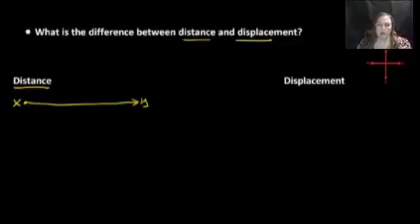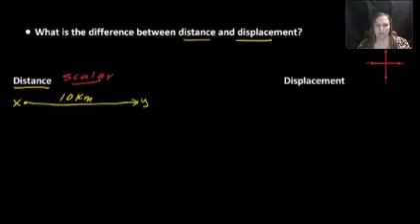If I were to ask you, what is the distance that you traveled? You might have measured the distance, and you might say, well, between point X and point Y, I know I traveled 10 kilometers. And that is the distance between point X and point Y, 10 kilometers. Well, 10 kilometers, that is a scalar measurement. So the first thing you want to remember about distances is that distance is a scalar measurement.